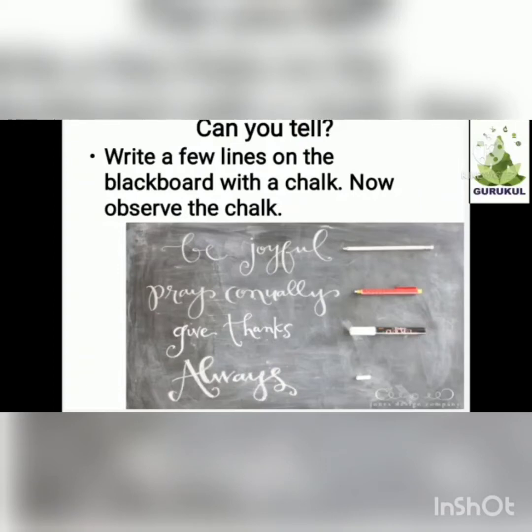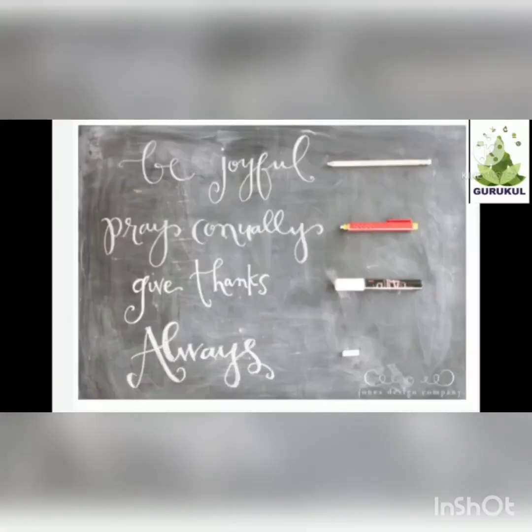Okay, so let's start. First point, that is, can you tell? Write a few lines on the blackboard with a chalk. I know, as a student, every one of you likes this activity. Correct? Right? That is to write anything on the blackboard.